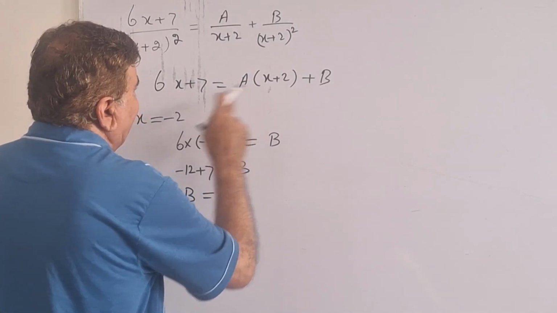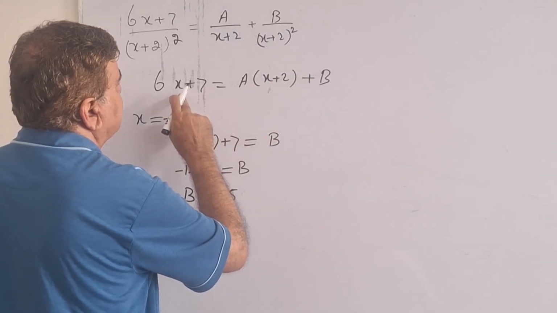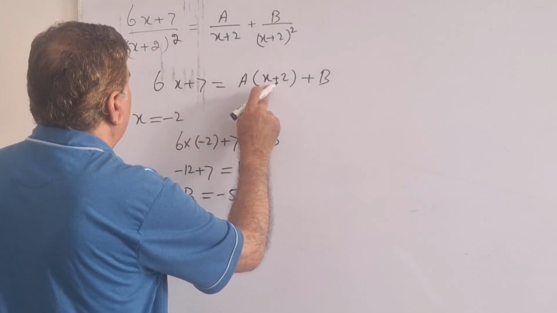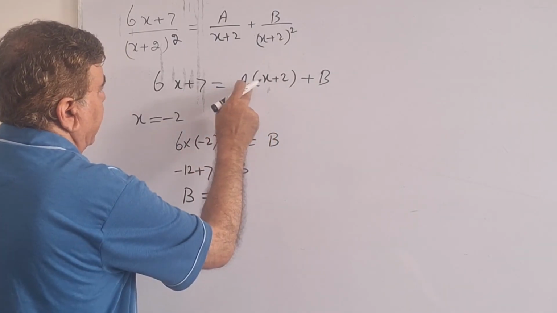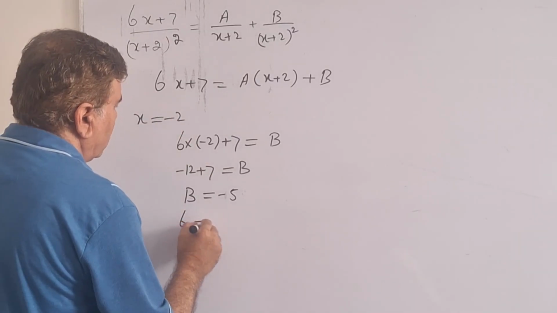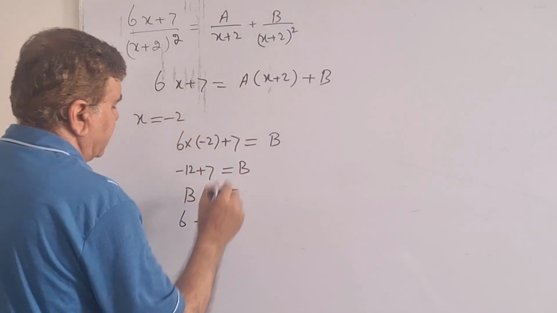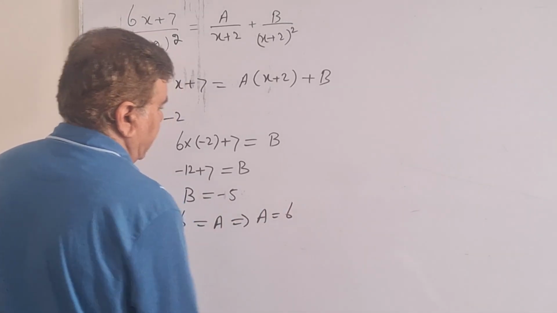And for finding a, I compare the coefficients of the first power of x. On this side I write 6, because the coefficient of x is 6, and on this side I write a. So this implies that a equals 6.